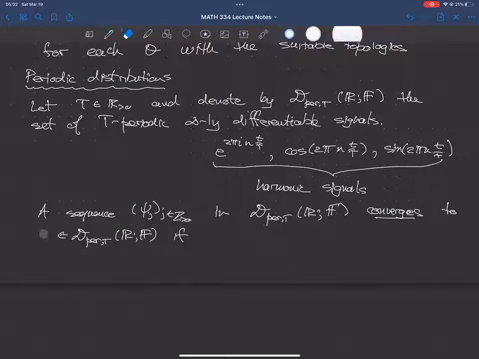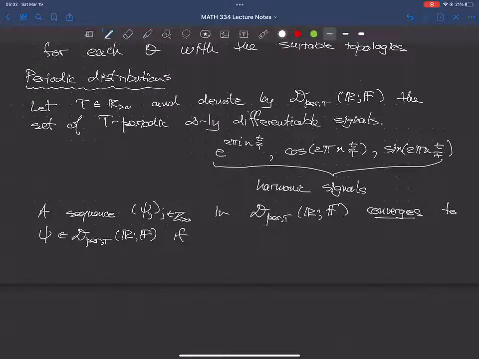And so that condition can be dispensed with, and you just ask for uniform convergence of the psi_j's and all of their derivatives to psi. Really, this is defined on the compact interval [0,T], and uniform limits of continuous functions are continuous.